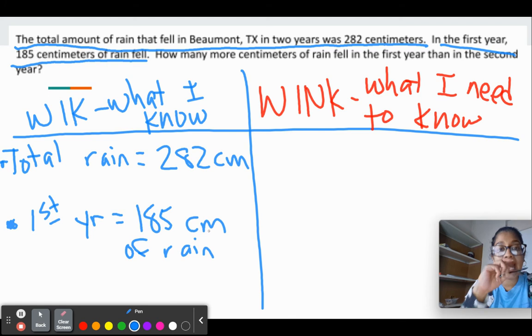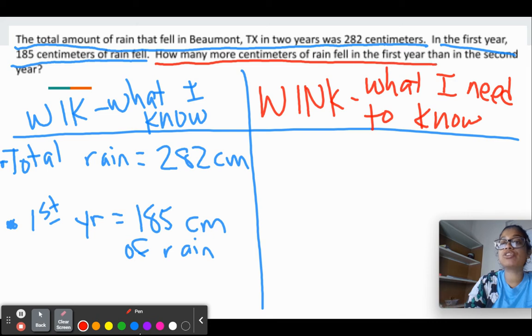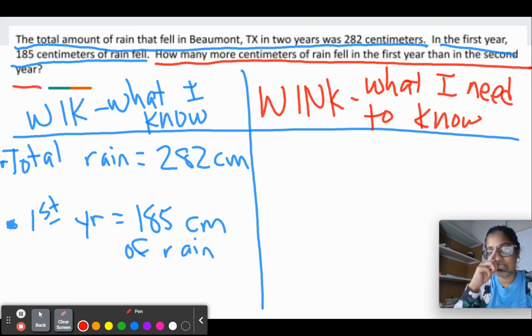And then our next one says, how many more centimeters of rain fell in the first year than in the second year? So that is our question, right? So that is our WINK, what I need to know. So what I need to know is how many centimeters of rain fell in the first year than in the second year. So I'm going to just write that down.